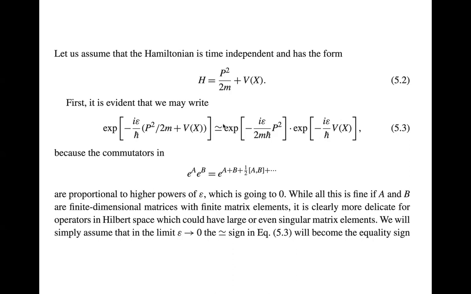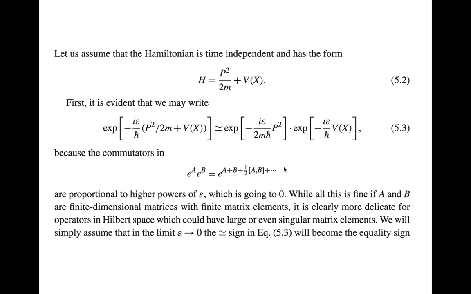In more precise terms, the exponential of A plus B cannot equal exponential A times exponential B. There is an actual commutation relation here. This is the precise equation: exponential A times exponential B is not equal to exponential of A plus B because A and B do not commute. It is equal to the exponential of A plus B plus one half the commutator of A and B, plus higher order terms.